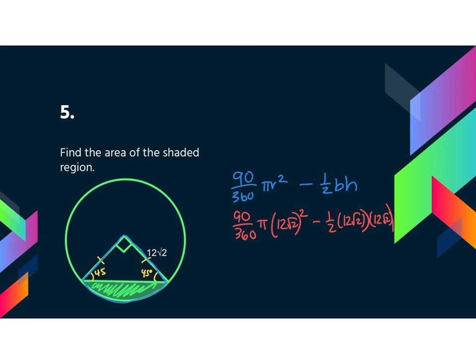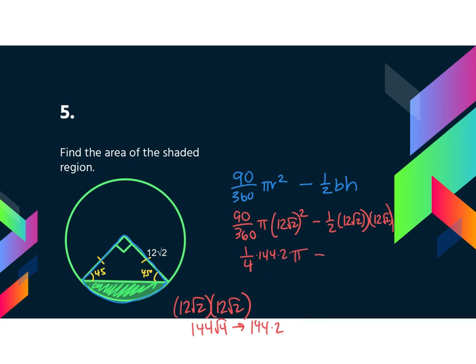Now we just need to simplify. 90 over 360 is the same as 1/4. 12 square roots of 2 squared. Remember, we learned that that's 12 square roots of 2 times 12 square roots of 2, which is 144 square roots of 4, which is equal to 144 times 2 times pi.